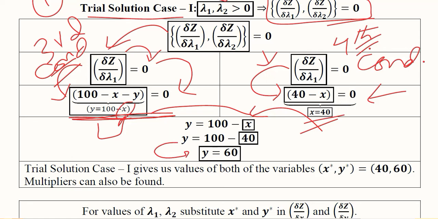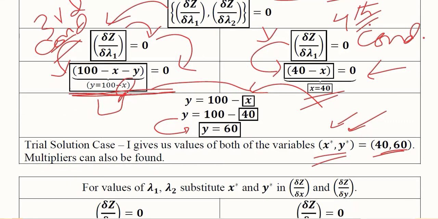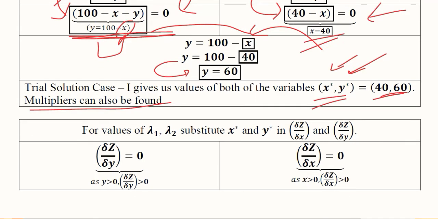So now we have both of the values, that is x star and y star, those critical values of x and y. They are 40 and 60, and there are 2 other unknowns in the simultaneous equations, and they are the multipliers, that is lambda 1 and lambda 2.